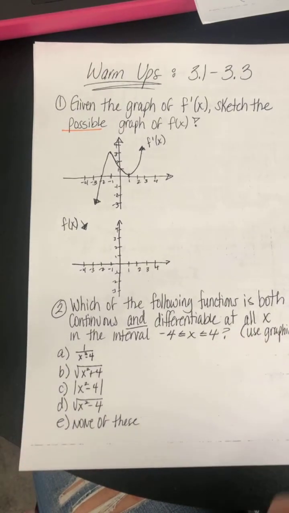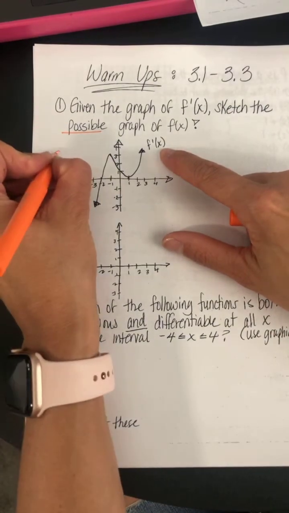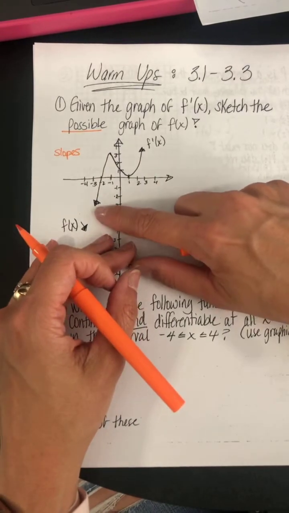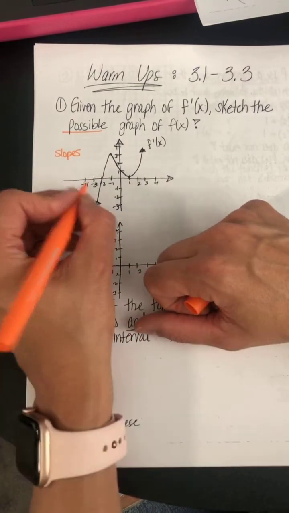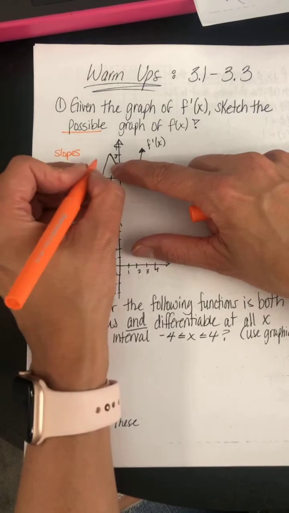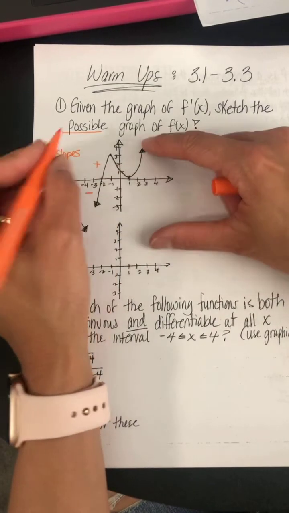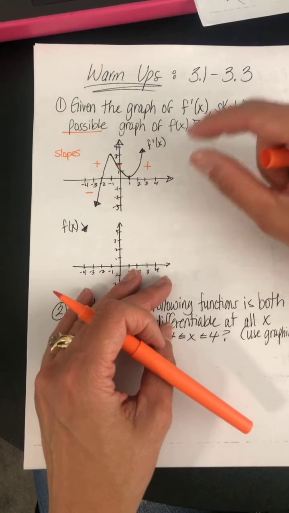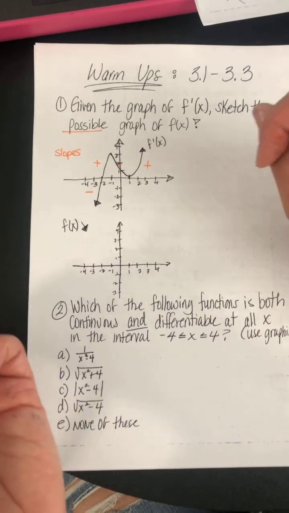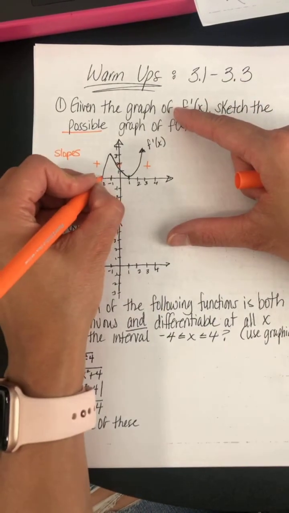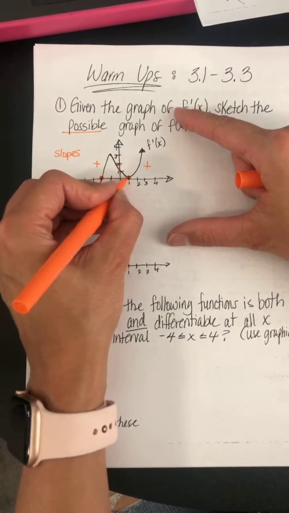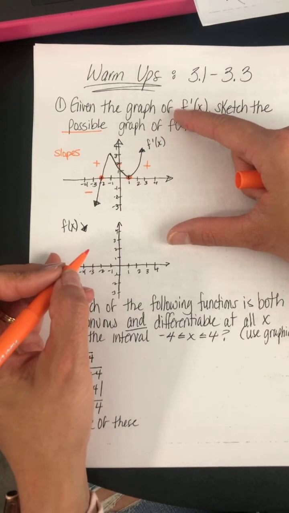All right, so on the graph of the derivative, remember these are all slopes. Derivatives are slopes. So when it's below the x-axis, these are negative slopes. When it's above the x-axis, these are positive slopes. So this is positive and this is positive, okay? Another thing is where it touches or crosses the x-axis, because that means the slope is 0 when x is -2, and the slope is 0 when x is 1.